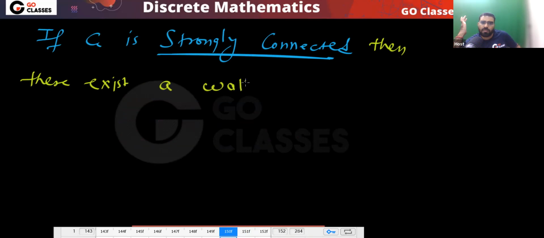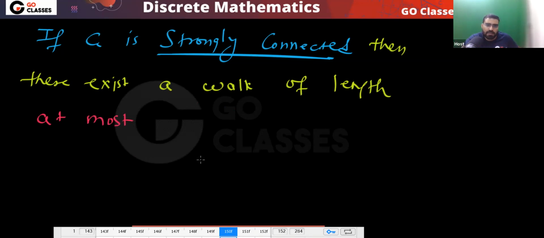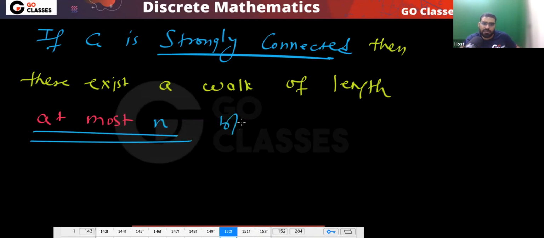a walk of length at most how much? If it is strongly connected, then there is a walk of length at most n, not n minus 1, between any two vertices.